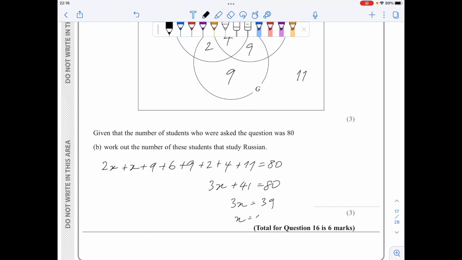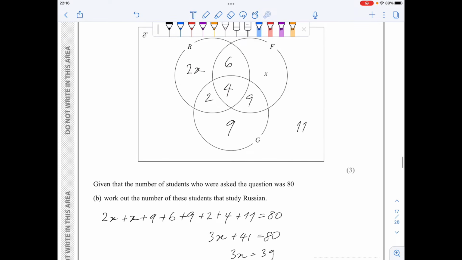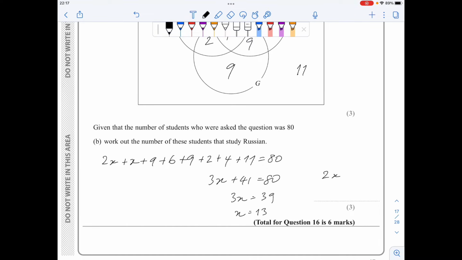So x is equal to 13. But I don't want to find x. I want to find the number of students that study Russian. So for Russian, I've got 2x, 6, 4, and 2. So that's 2x plus 12, which is equal to 38.